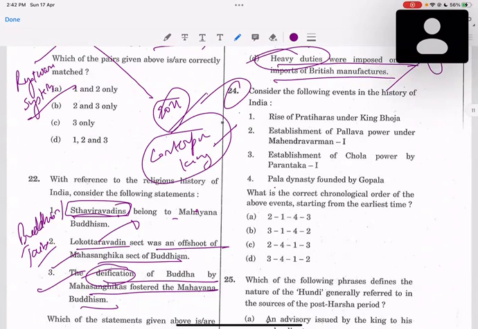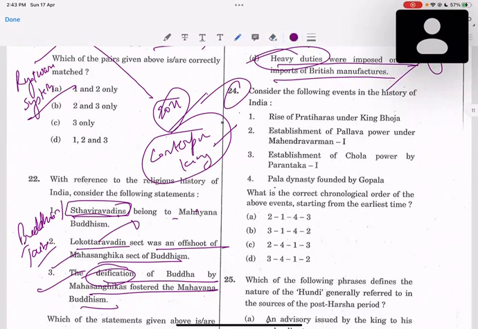Yes, this question was a bit specific, and I don't expect you all to attempt it, because all these kingdoms were ruling at the same time. So arranging them chronologically, which is first and which is later, becomes very challenging. So such questions have to be left simply.